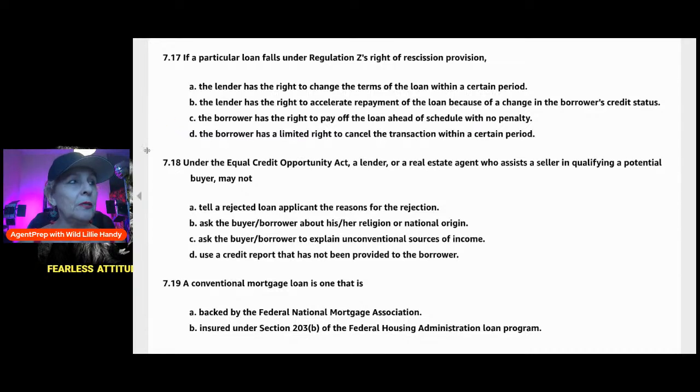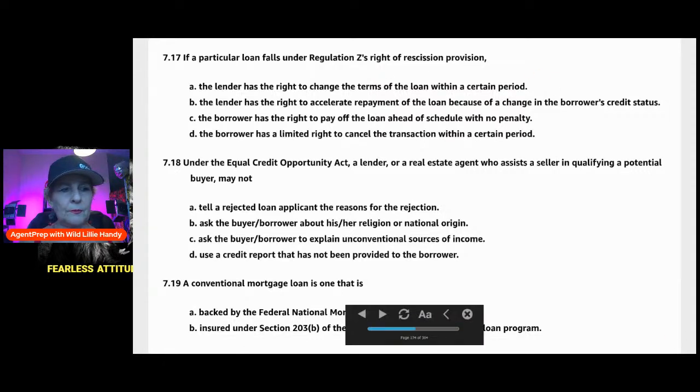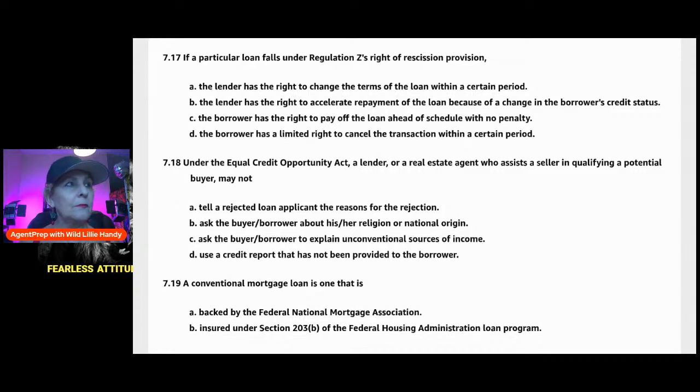Or D, the borrower has a limited right to cancel the transaction within a certain period. So Regulation Z's right of rescission. What can the borrowers do under that Regulation Z? So it's a right that the borrower has.